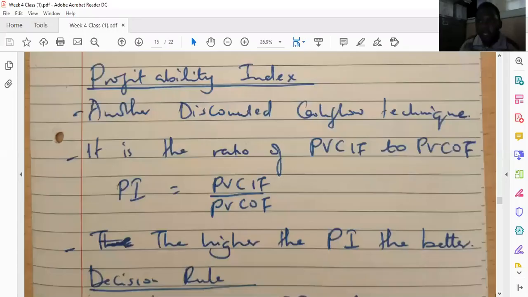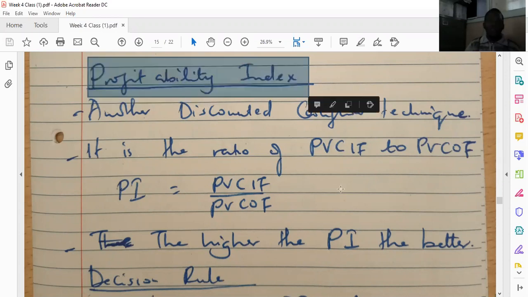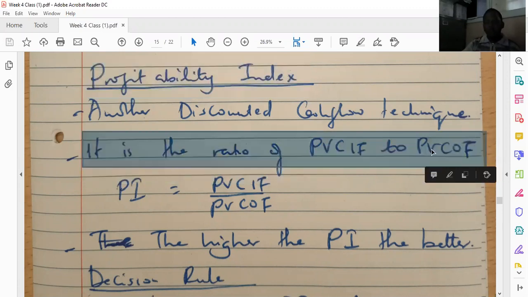Then we have our second discounted cash flow technique, that is the profitability index, the PI. This is another discounted cash flow technique, which is the ratio of the present value of cash inflows to the present value of cash outflows.